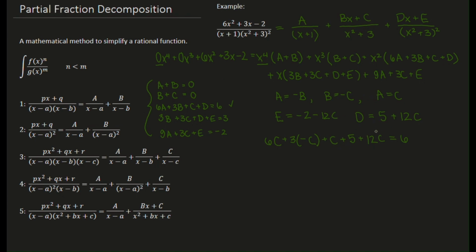We find that c equals 1 over 16. Remember, c equals a, so a also equals 1 over 16, and c equals -b, so b equals -1 over 16.